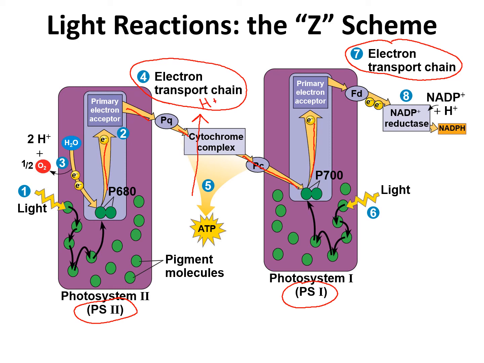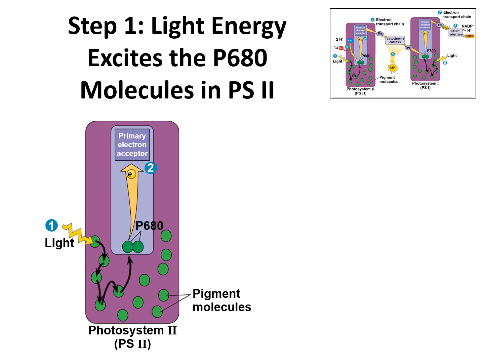Okay, let's look at some detail in step 1 in photosystem 2. Light energy comes in and excites the molecules in photosystem 2. Ultimately, it excites this P680. That refers to a pigment, P, that absorbs light at 680 nanometers.